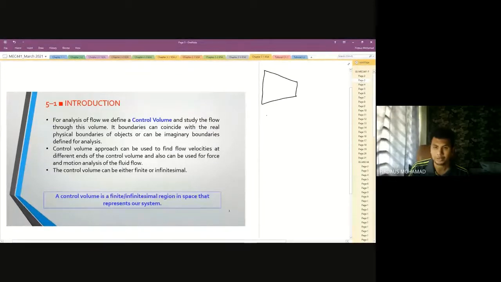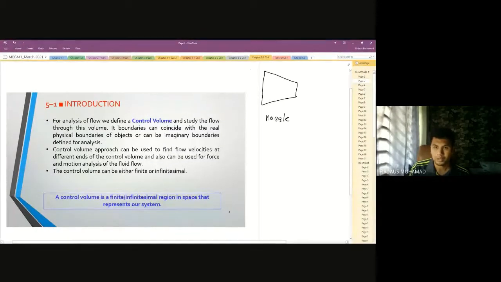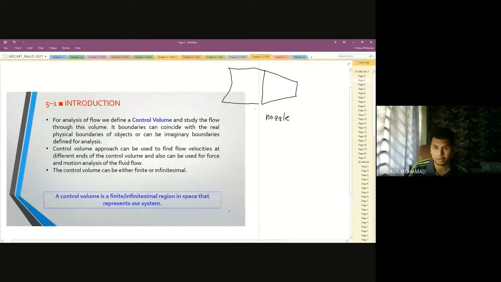Let's say this is a nozzle, connected from the hose to the nozzle, and then we want to analyze the velocity, for example, and what is the required force.